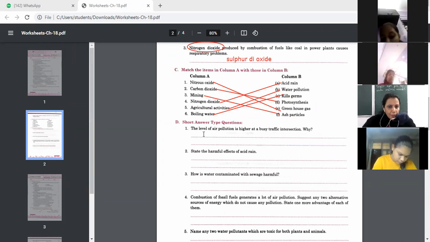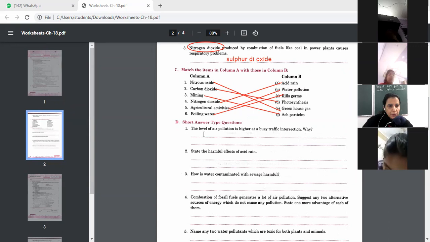Tanya, you want to say something about this question? Because a large number of cars, buses, and other automobiles stop there, automobiles release a large amount of gas, which causes air pollution. So the level of air pollution is higher.